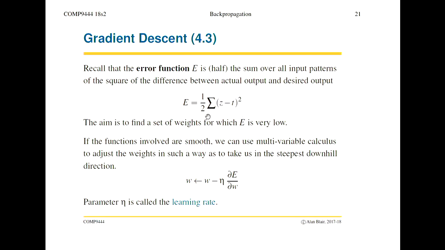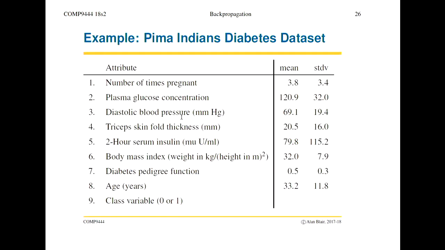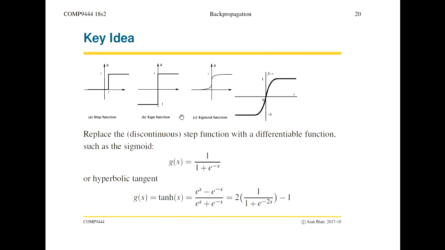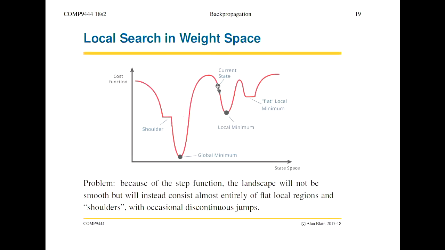The way stochastic gradient descent works is that we look at just one training input, and we calculate the error for that one input, and we calculate the gradient for that one input, and then we adjust the weights according to that input. So we've got 600 inputs, but we're not actually calculating this combined gradient.